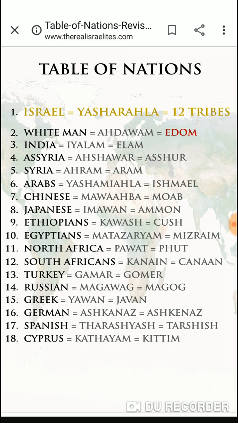I'm just updating a lot of these things to better help us understand who our people are and who our enemies are. So this is the chart. I'll let y'all look at it for a few more minutes before I switch it over to the revised version.